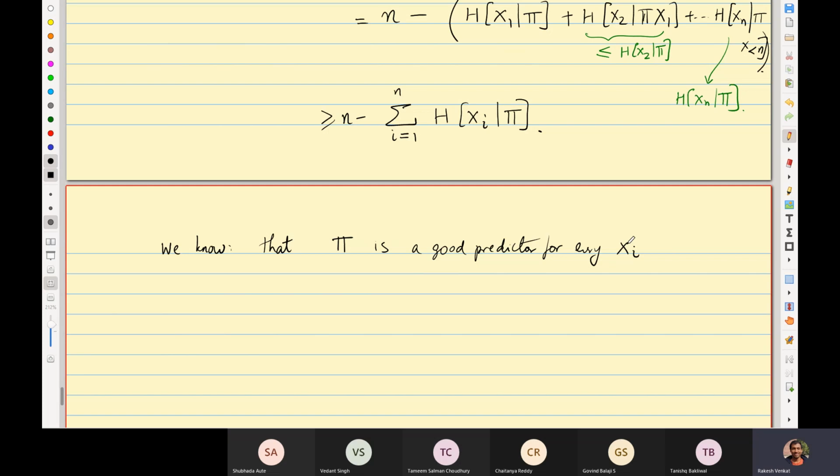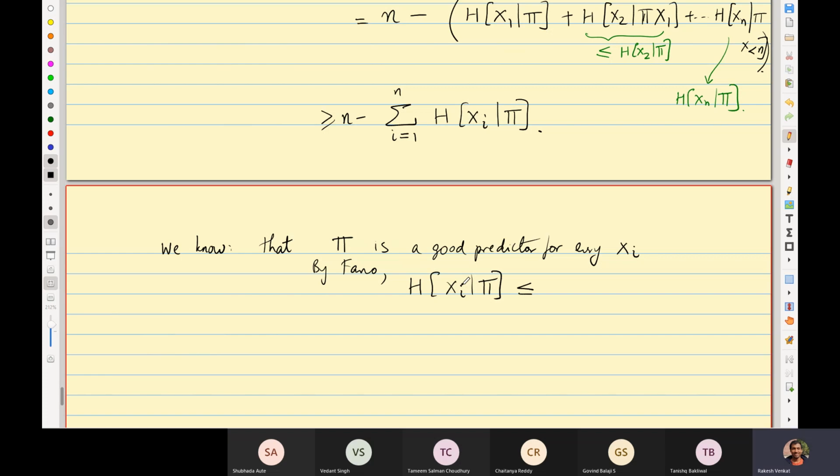Going by Fano's inequality, this should be less than the probability of error, which looks like delta.